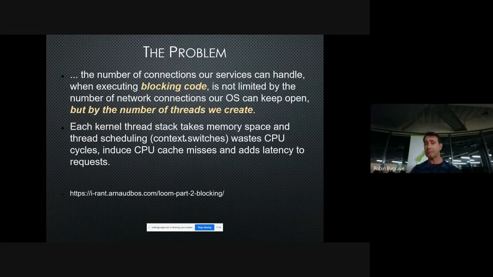Kernel stacks take memory space. By default, that's allocated 1 meg, but it's not going to use 1 meg, so there's a grey area in terms of how big this problem is. It'll vary from app to app. But essentially we hit a limit, and threads are the limit that we hit before we hit other limits like sockets and such.